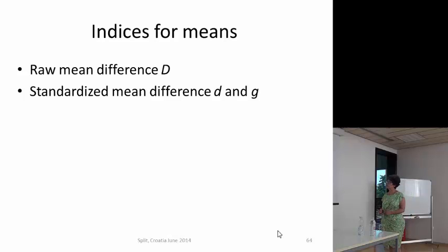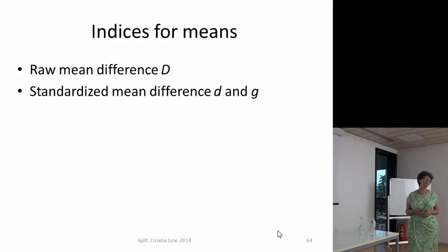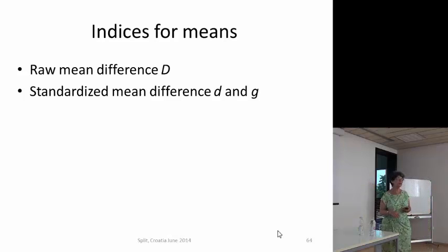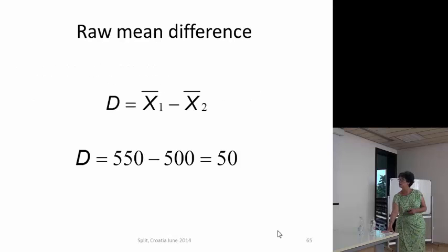Okay, so I'm going to start talking about continuous data where we're interested in mean differences across two different groups, and I want to make the distinction between a raw mean difference, which is generally represented by an uppercase D, and the standardized mean difference, which is either a lowercase d or a bias-adjusted mean difference, which is generally called G, or sometimes Hedges' G. The raw mean difference is very simple.